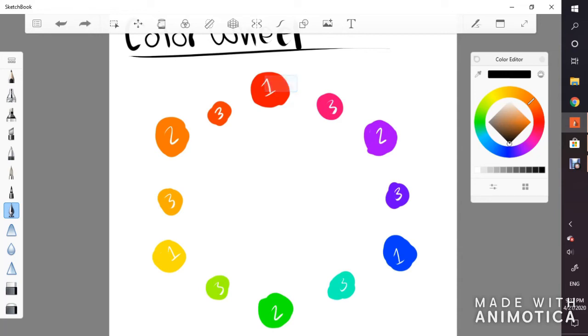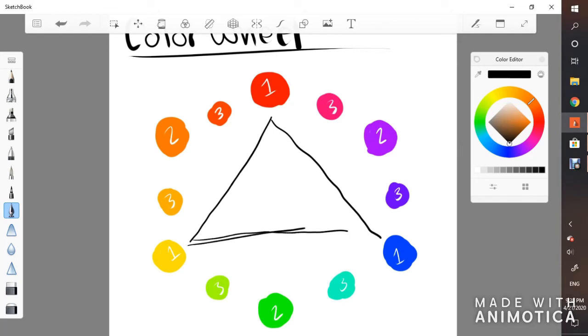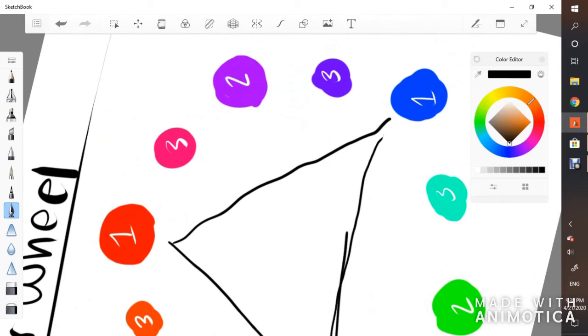Now another way of finding two colors that look good together is to draw your triangles. So here's your primary triangle. Each side of this triangle is probably something you can find in the real world. Each one of these sides is going to have something that you find in the real world that has these combinations.